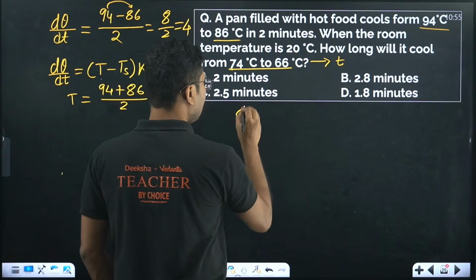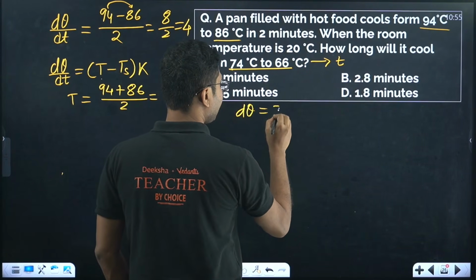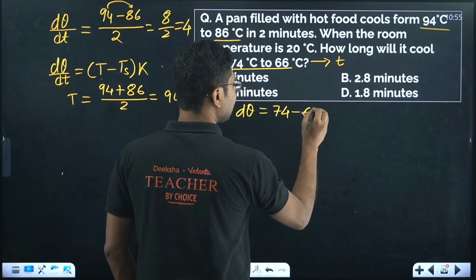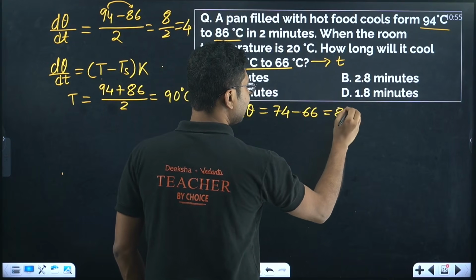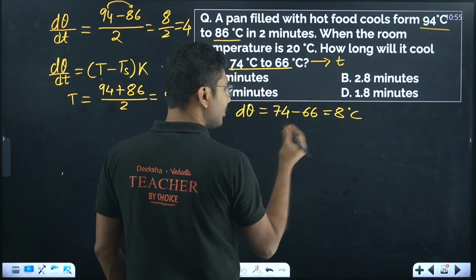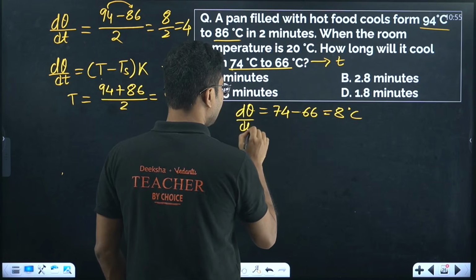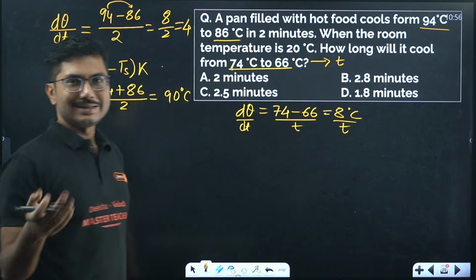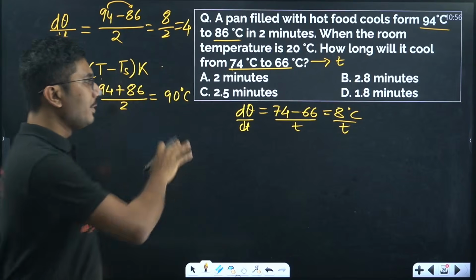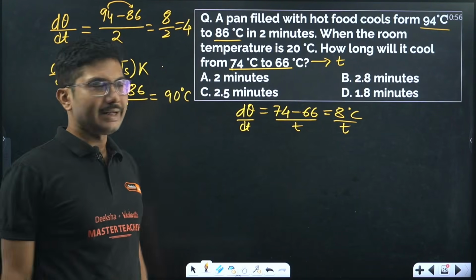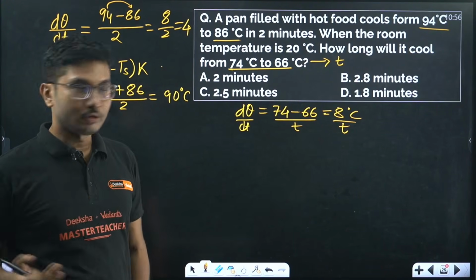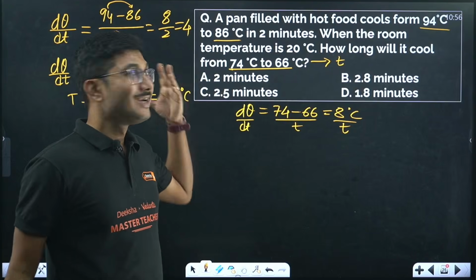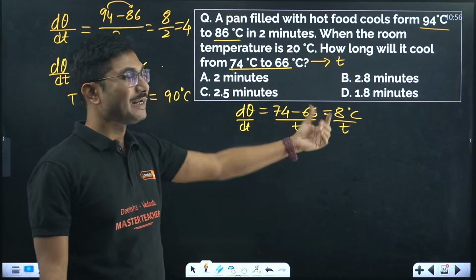So d theta, or change in temperature, is 74 minus 66. Again it is 8 degrees Celsius. What is dt? We do not know. So if the time taken is t minutes, then d theta by dt is 8 divided by t. They will give you intervals such that both intervals have the same temperature difference.